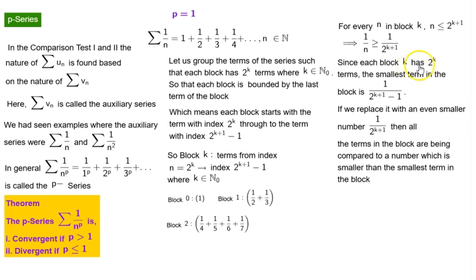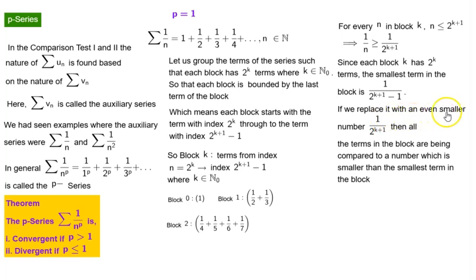Since each block k has 2^k terms, the smallest term in the block is 1/(2^(k+1) - 1). Just very quickly for block 2, let's figure out 1/(2^(2+1) - 1). That means 8 minus 1, 7. So 1/7 is the smallest term in the block.